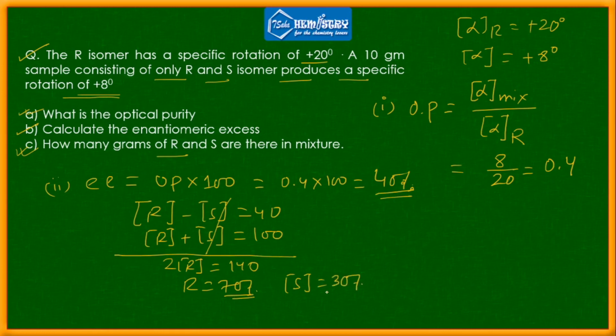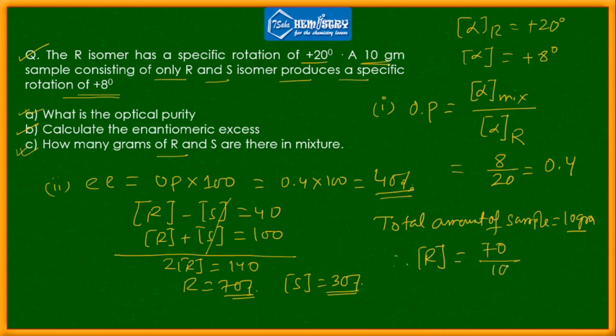Then S is 30%. The total sample is 10 grams. Therefore R is 70 by 100 times 10, equals 7 grams, and S is 30 by 100 times 10, equals 3 grams. This is the answer.